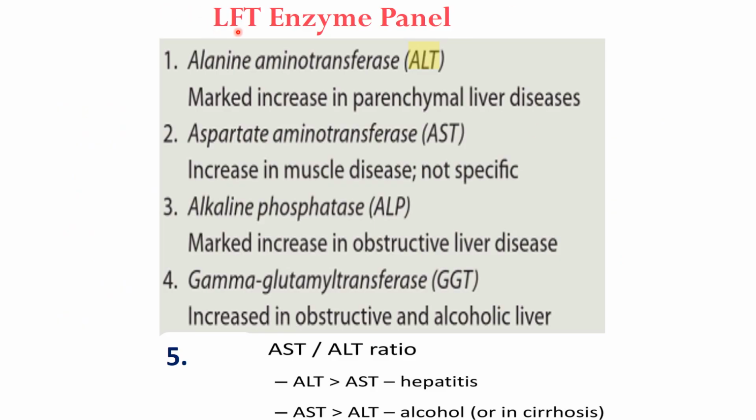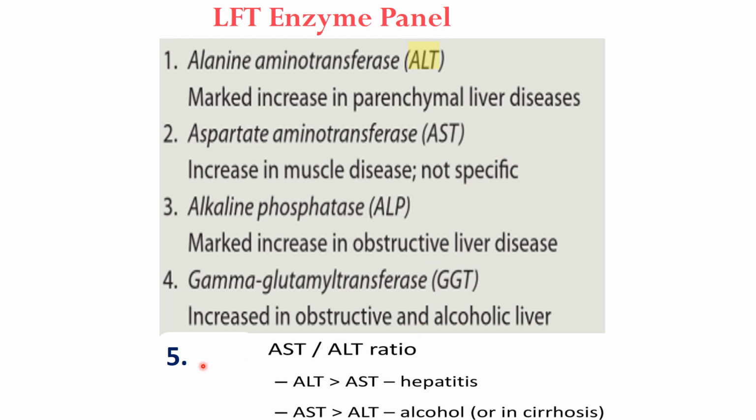Now let us look at what the LFT enzyme panel comprises of. It comprises alanine aminotransferase, which is markedly increased in parenchymal liver disease; aspartate aminotransferase, which is increased in muscle disease, but is not specific because it is present in various tissues; alkaline phosphatase, which is markedly increased in obstructive liver disease; and gamma glutamyl transferase, which is increased in obstructive liver and alcoholic liver diseases.